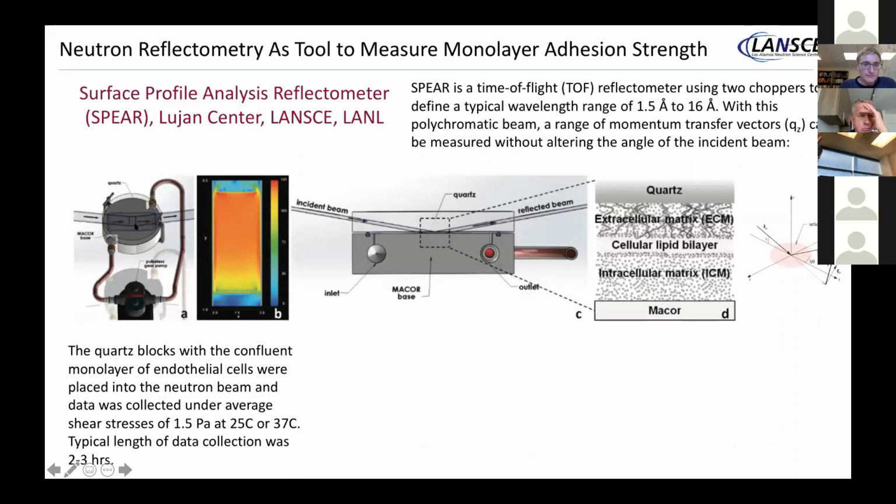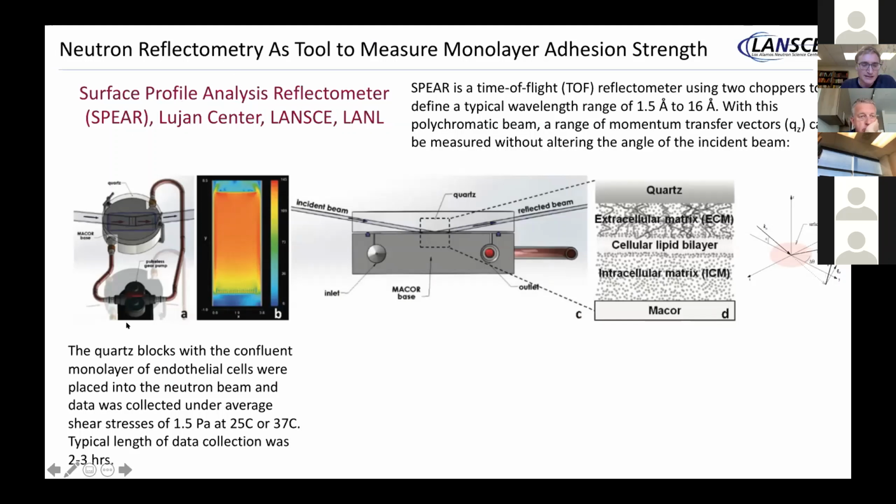So the work that I'm going to present here looked at confluent monolayers of endothelial cells that were grown on single crystal quartz. We did all of this at Los Alamos, at the Lujan Center, on the SPEAR instrument, where Jarek Majewski was the longtime beamline scientist and in charge of that instrument.